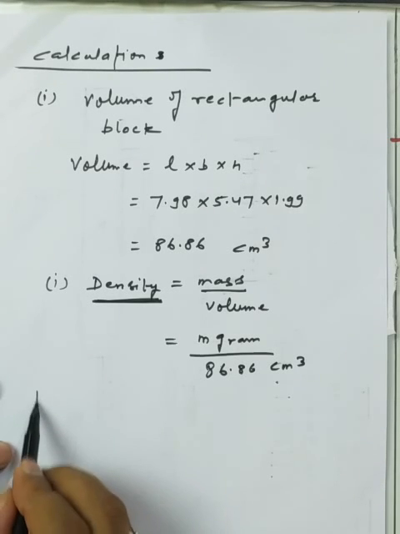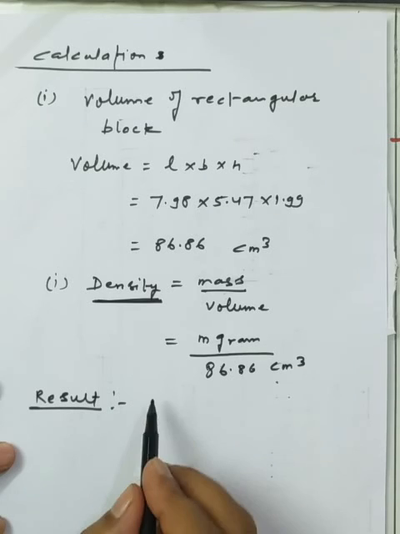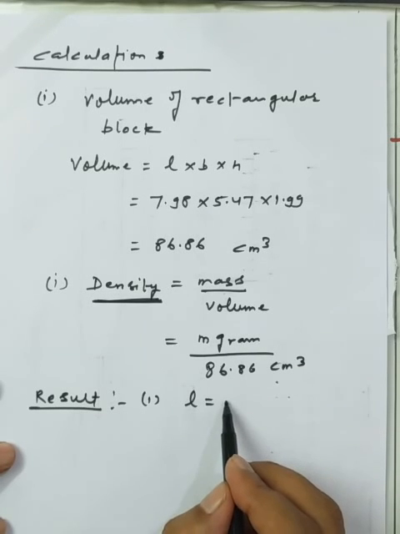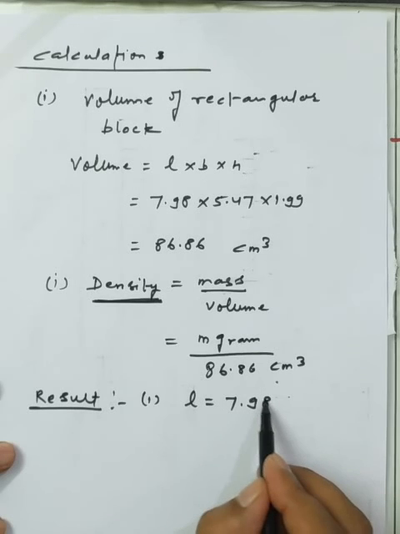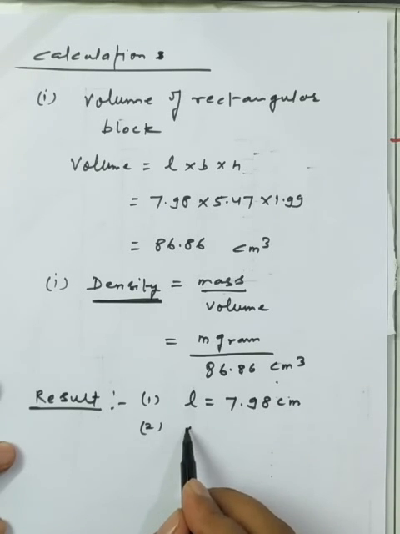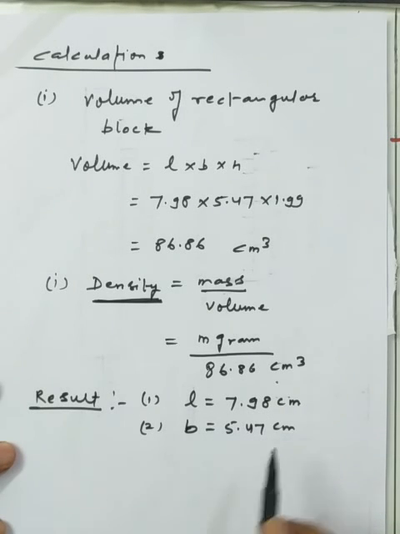Now what is the basic result we have to show here? Result: the length of the given glass slab is 7.98 centimeter. Second, the breadth of the given glass slab is 5.47 centimeter.